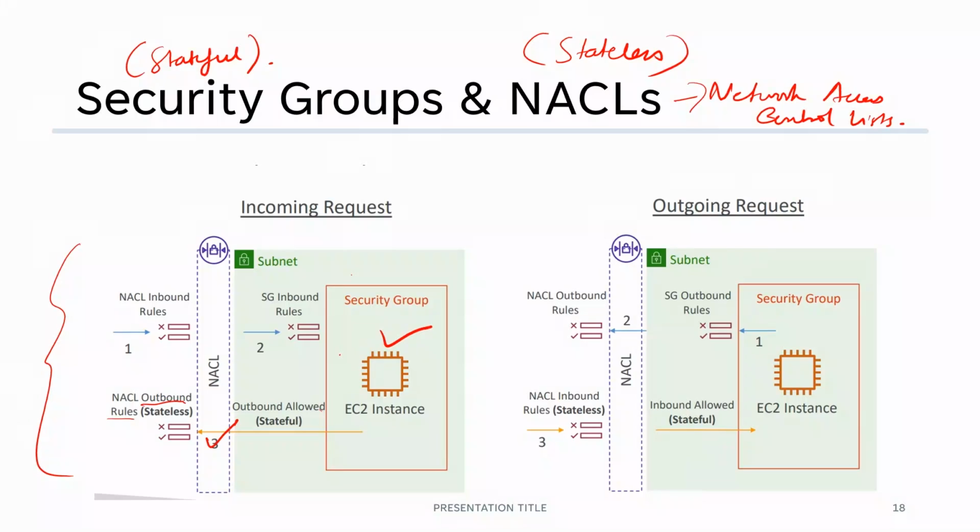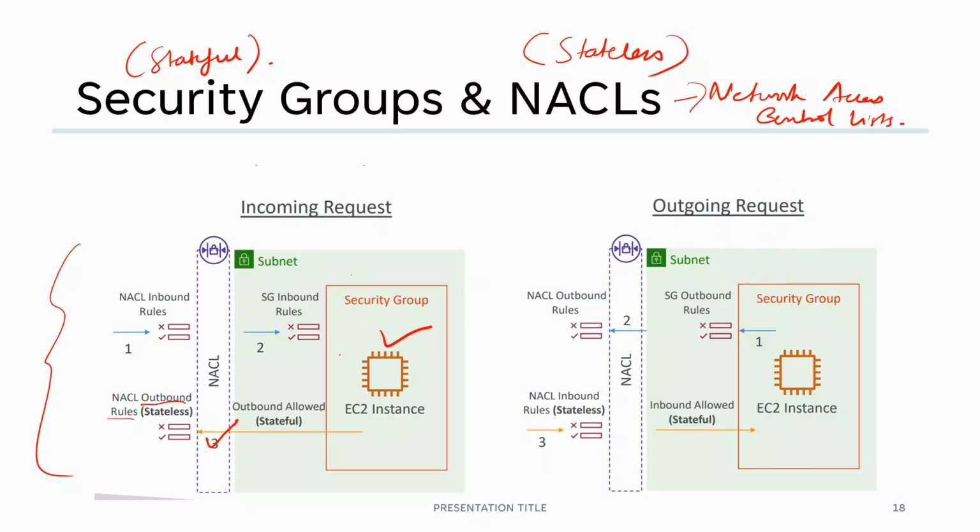But when it comes to NACLs, there should be particular inbound rules and outbound rules. If it is not there, then the particular traffic will not be allowed in or allowed out. I hope that makes a lot of sense. That's a brain nugget for you guys to think about.